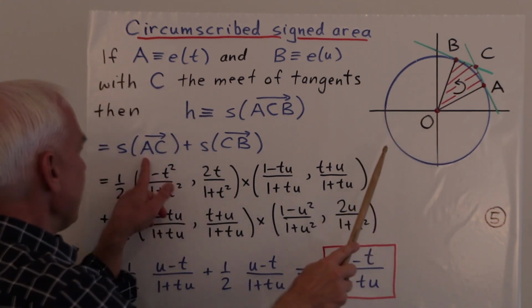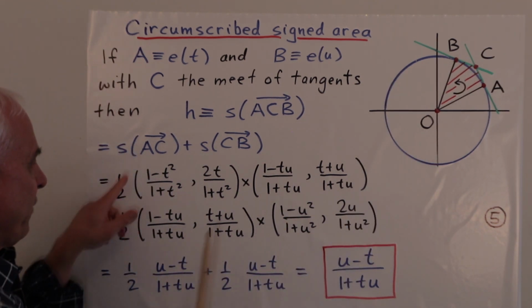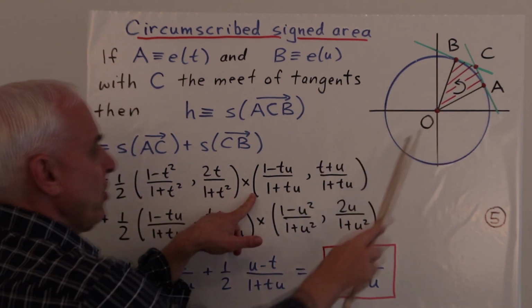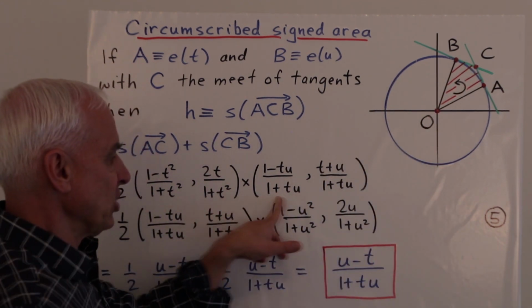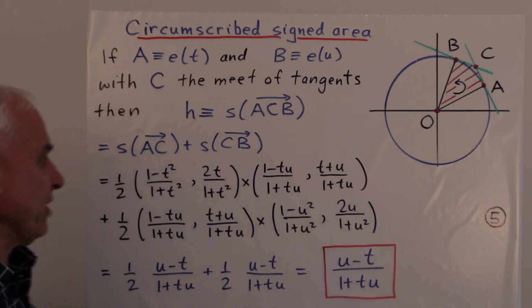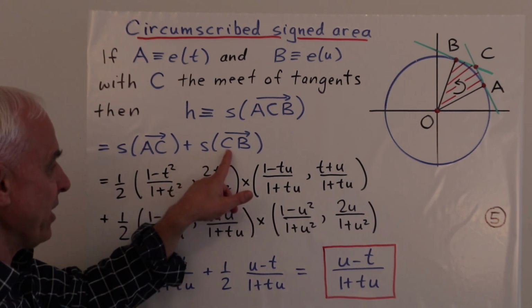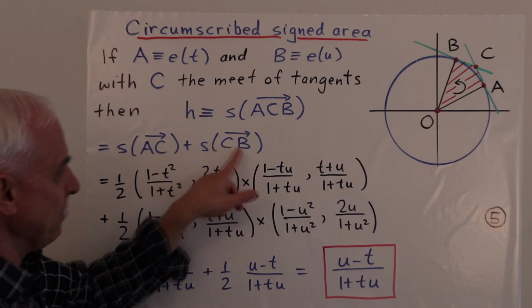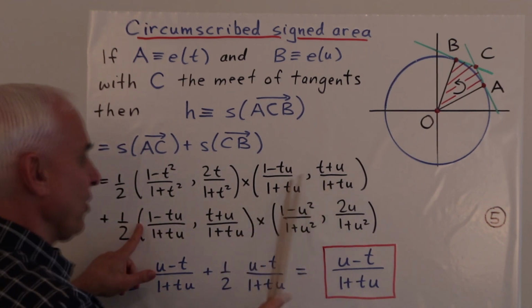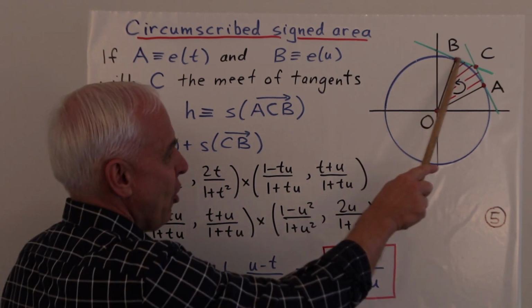The signed area of AC will be 1/2 of the cross product of the vector OA and the vector OC, the point C that we calculated in the previous slide. Plus a corresponding term for CB, where we take the cross product of the vector OC with the vector OB.